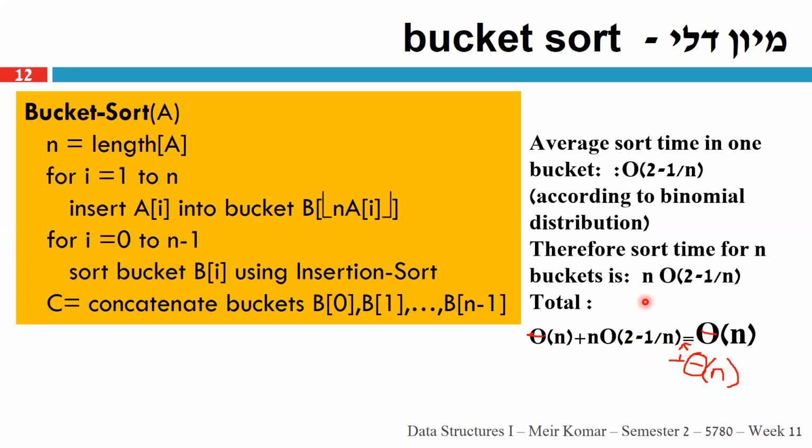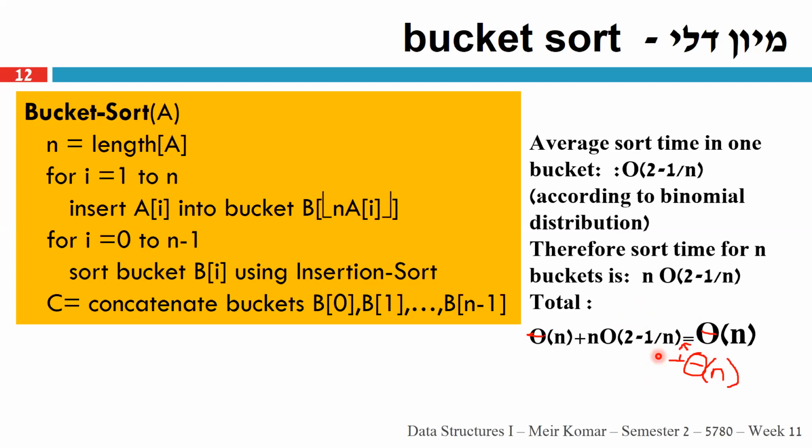So in total it's theta of n. The 2 minus 1 over n is a constant, that's 1. Isn't it n times something over n? So that just goes away? Yeah, basically. Right.